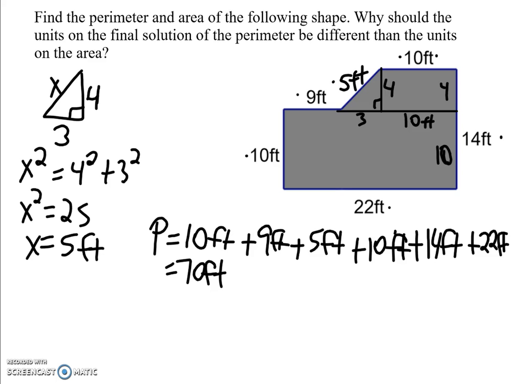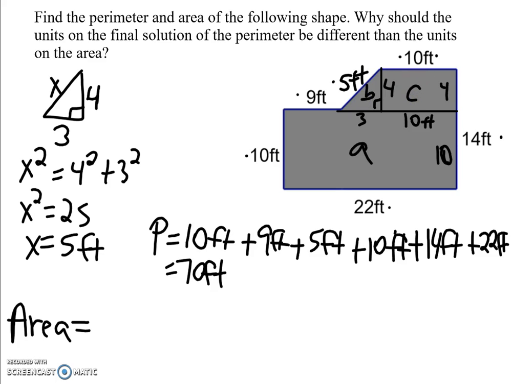Now when I'm doing the area, I have to change things up a little bit and realize that I'm actually dealing with 3 separate shapes. So I have the area of the big rectangle, the triangle, and that little square.